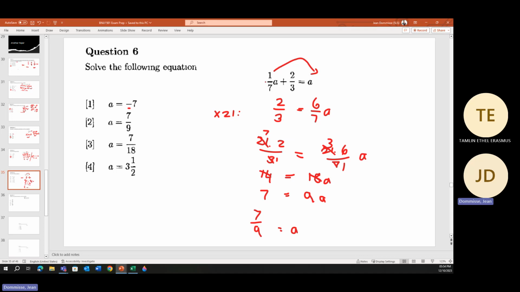And if you want to test it, let's quickly check it out. So let's say 1 divided by 7 times 7 divided by 9. That gives me 0.11111.